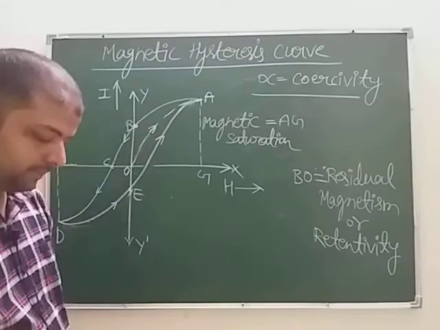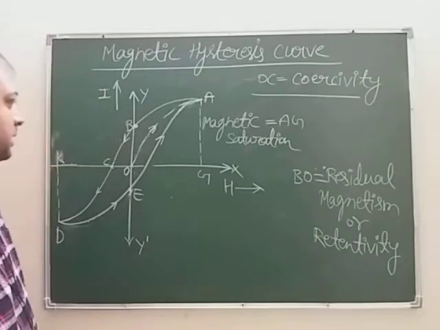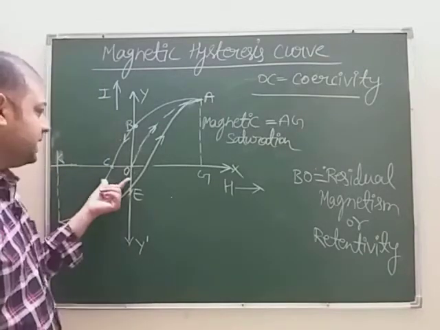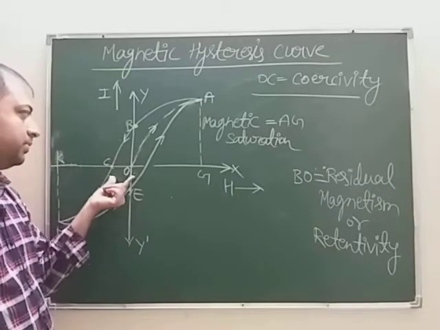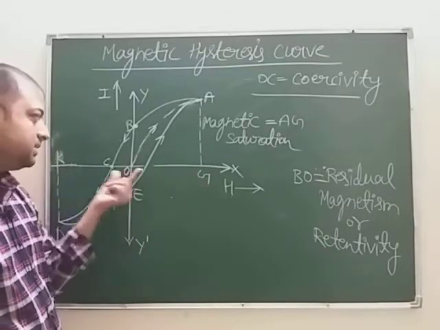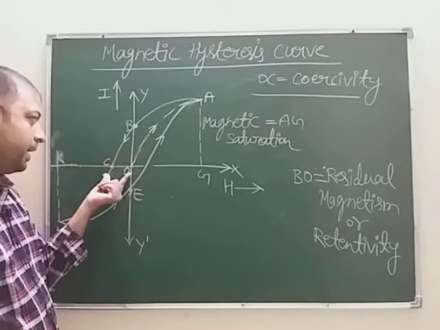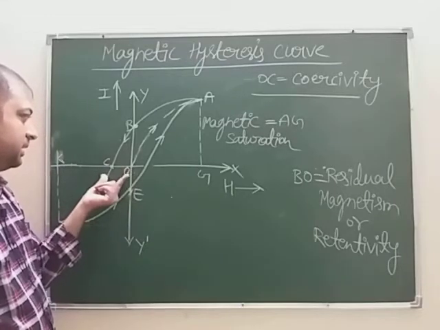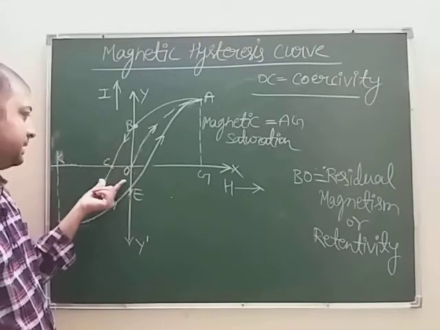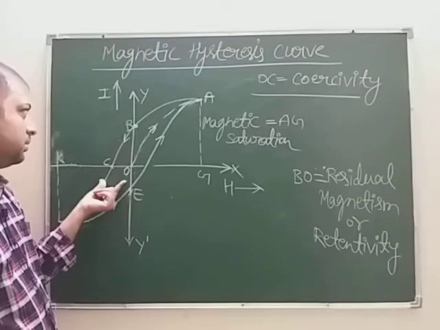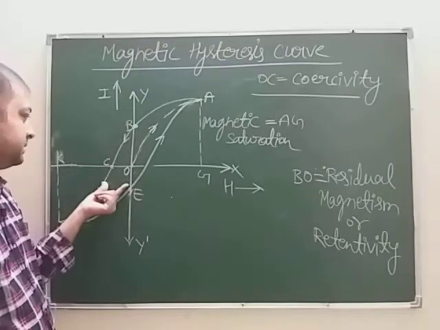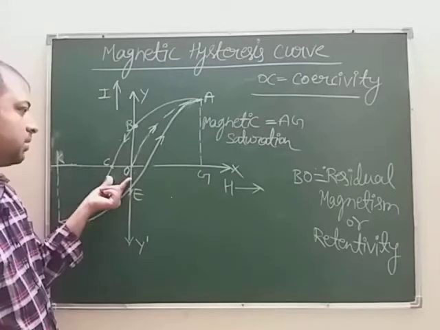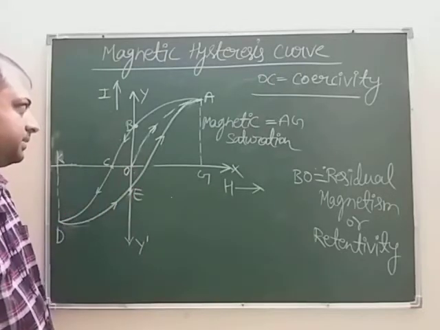Write down. Again, the negative value of magnetizing field H which is required to put the intensity at 0 is called coercivity.